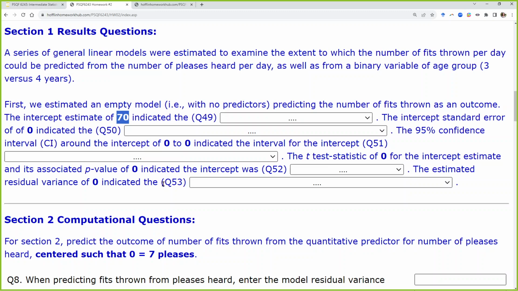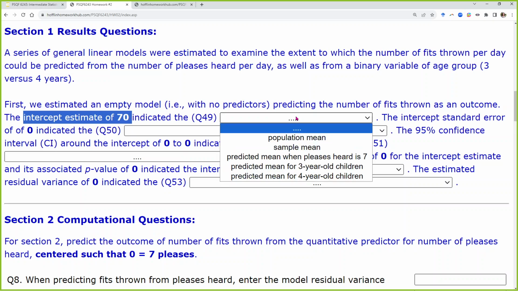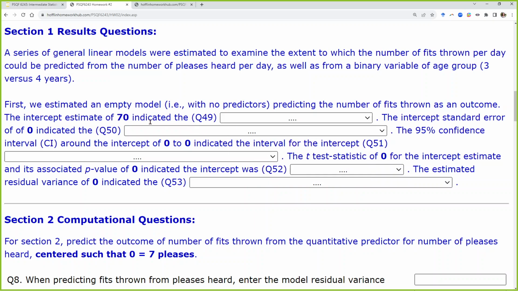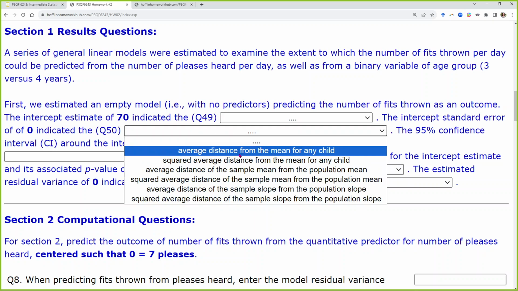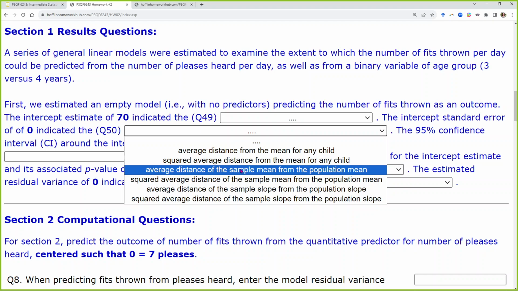So it's not the right answer, it's your answer. That's an important distinction. It's whatever the database thinks you have answered. And so the idea is that when I remind you, oh, the intercept is 70, what does 70 mean? And here are your choices. So the numbers should provide context as to what you should be talking about with respect to these choices.